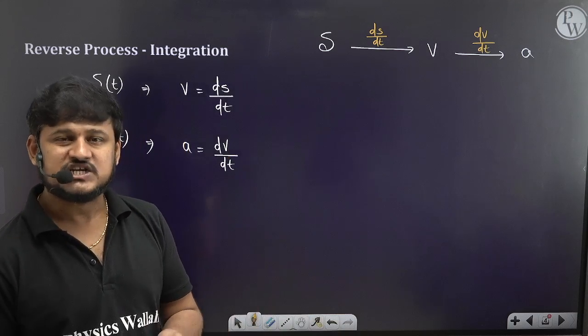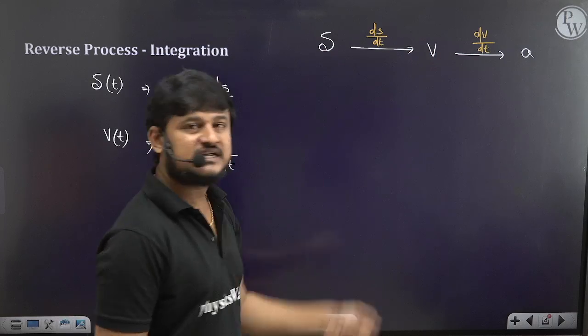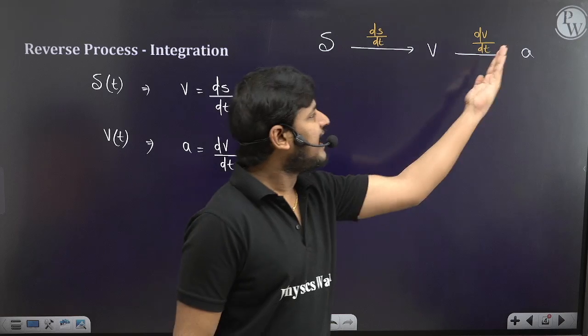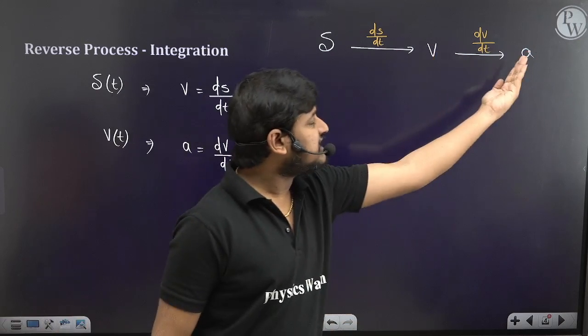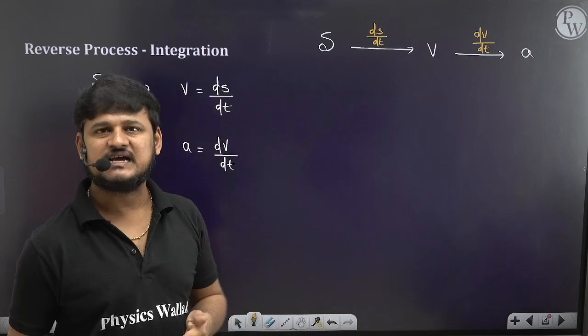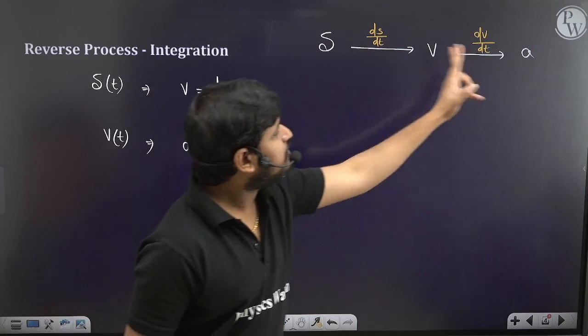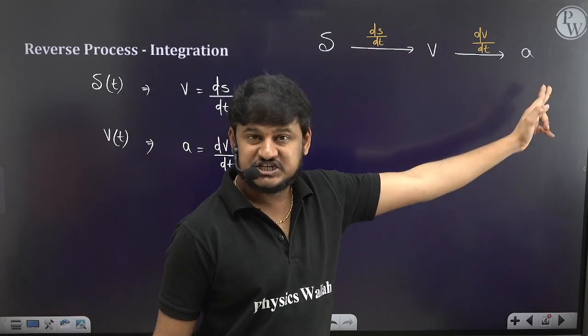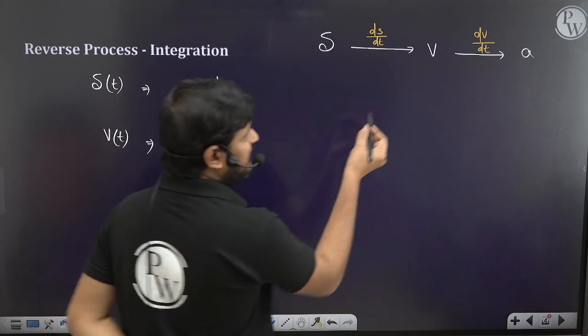Now the question is, what if velocity is given and they ask you to find the displacement? What if acceleration is given and they ask you to find the velocity? Or acceleration is given and they ask you to find the displacement directly. So what's the procedure? The forward procedure is differentiation, so the reverse process is integration.